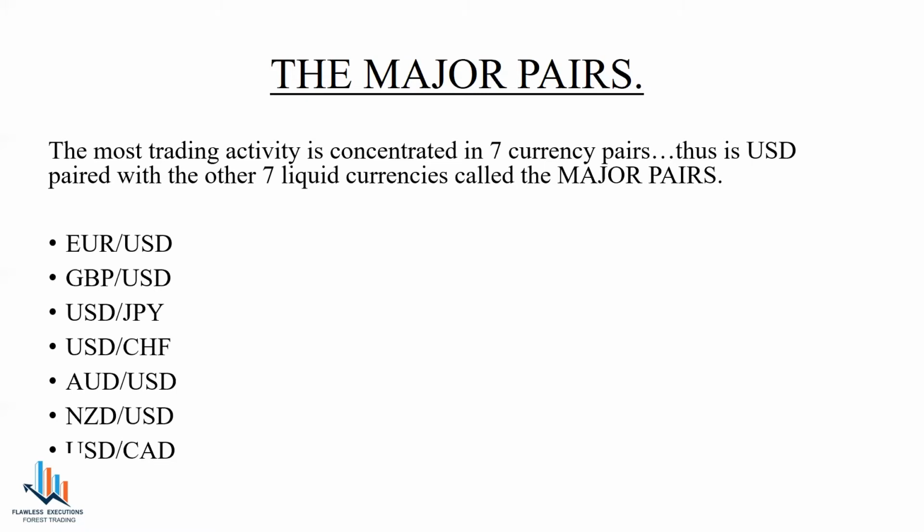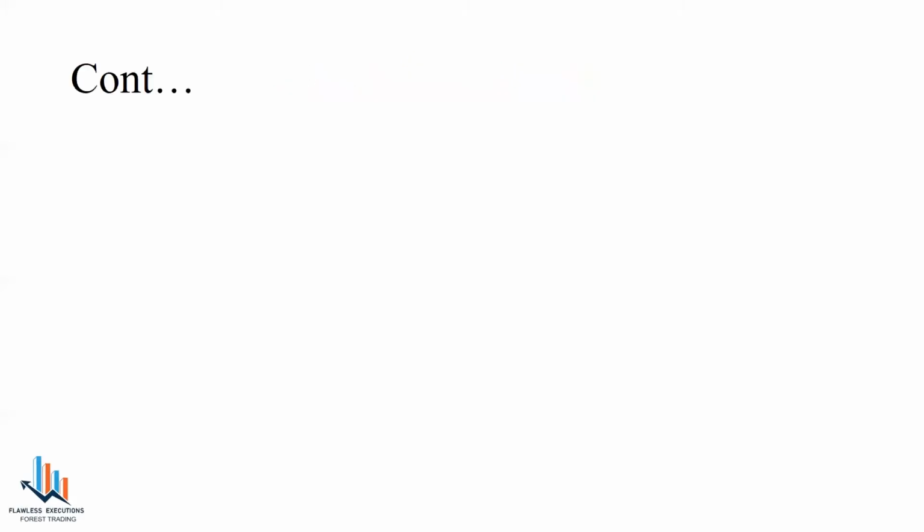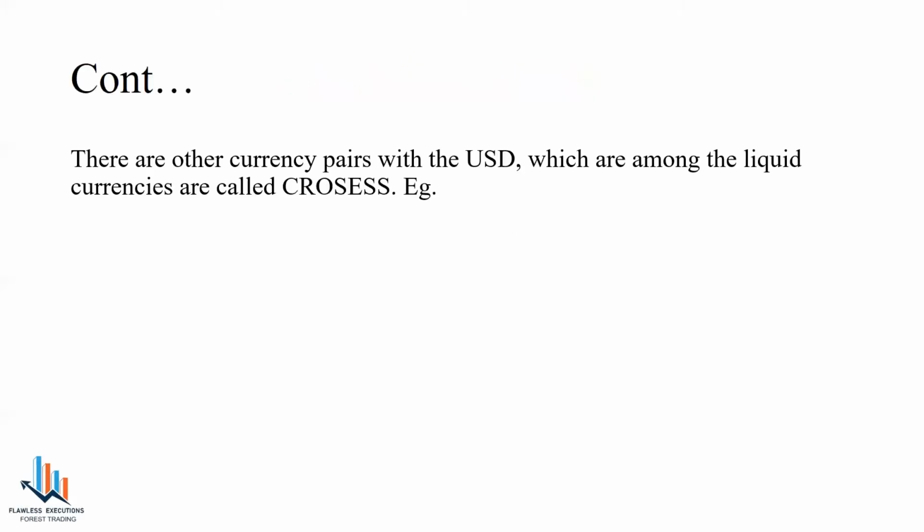So they are the Euro USD, the Pound USD, the USD JPY, that's the yen, the USD CHF, that is USD Swiss franc, AUD USD or Aussie USD, NZD USD or Kiwi USD, and USD CAD or loonie. So these are the 7 most traded currency pairs in the world, and they are called the major pairs. If the other currencies, except the USD, pair with themselves, we call them the crosses.